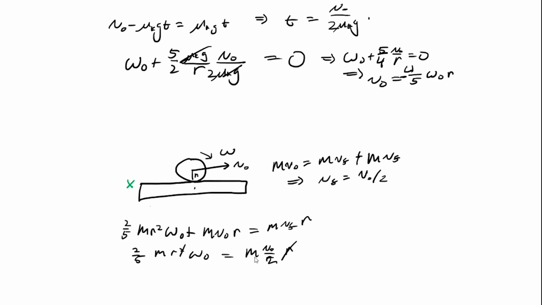So we can cancel r here. We can't cancel the 2. Oops. But we can cancel the m here, and we can multiply over the 2, and this gives us v naught is equal to 4/5 omega naught r.